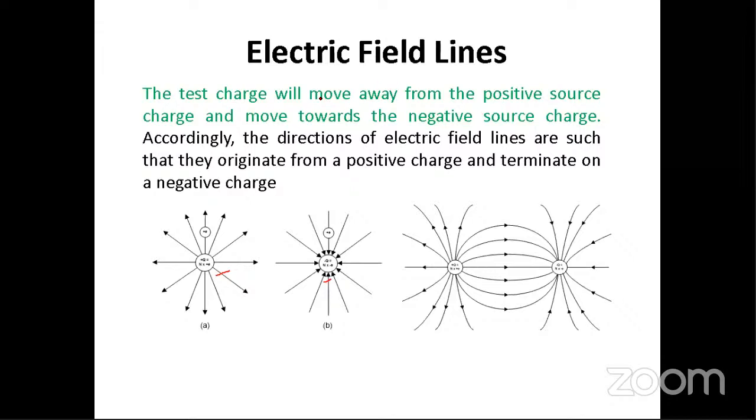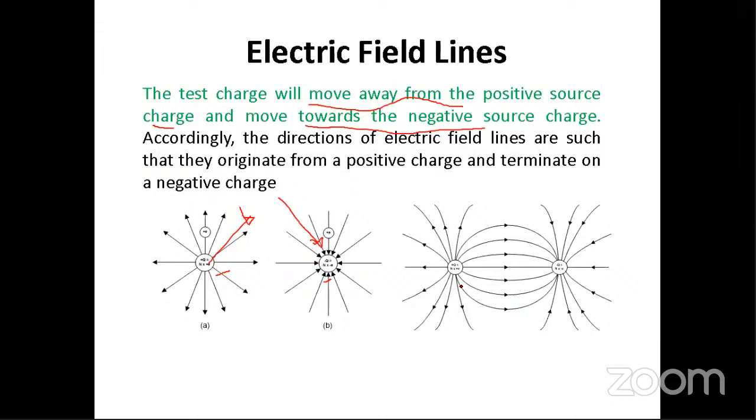Accordingly, the direction of the electric field lines is such that they originate from the positive charge and terminate in the negative charge.